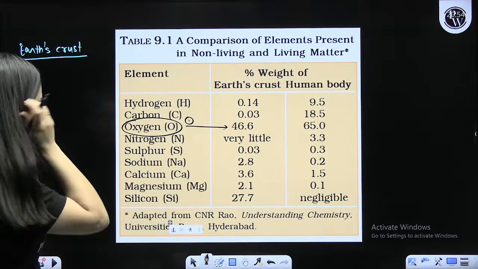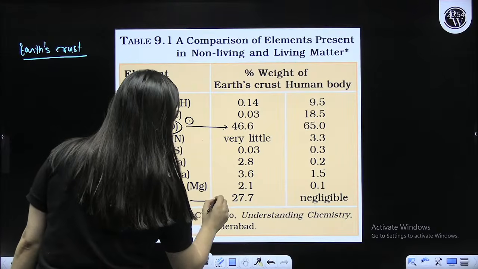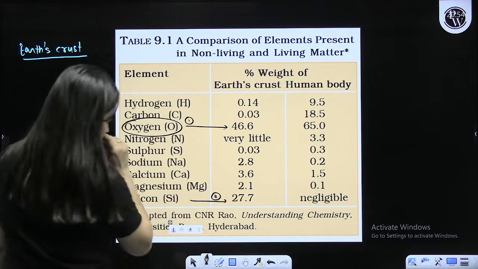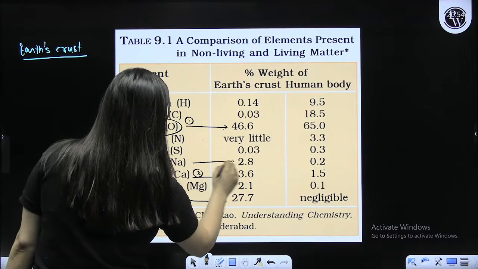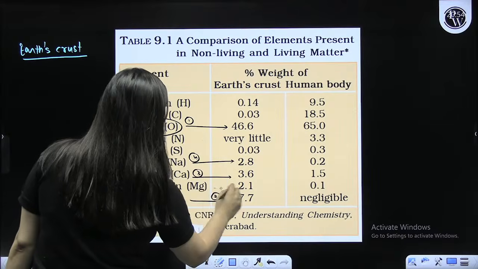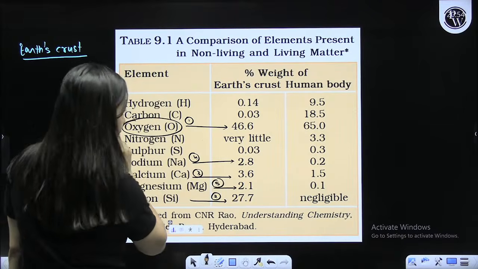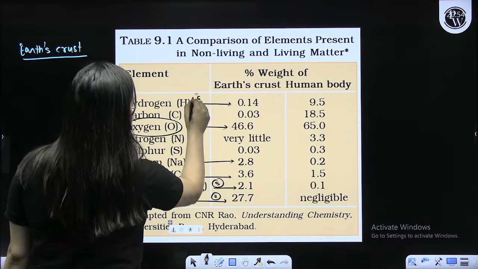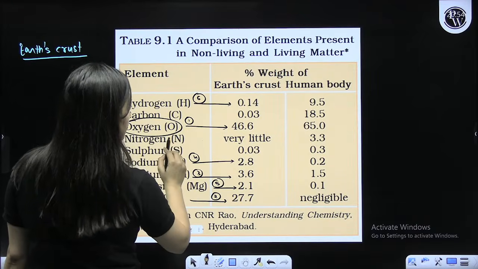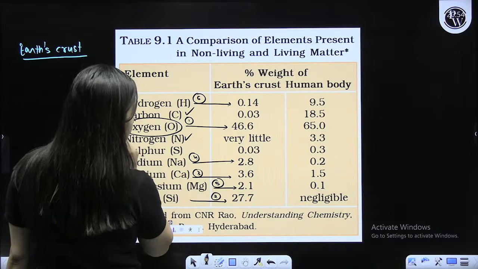Look at the composition. Then silicon is there. Then calcium is there. Sodium is there, magnesium is there. Then you have hydrogen. After that, carbon and nitrogen are at the same level.